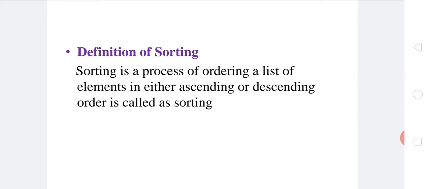Today the first point we will discuss is the definition of sorting. Sorting is the process of arranging a list of elements in either ascending or descending order. Means elements are arranged in a particular manner, either in ascending order or in descending order, and this is called sorting.